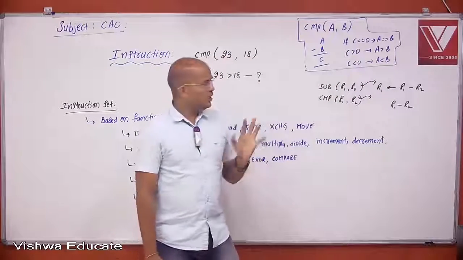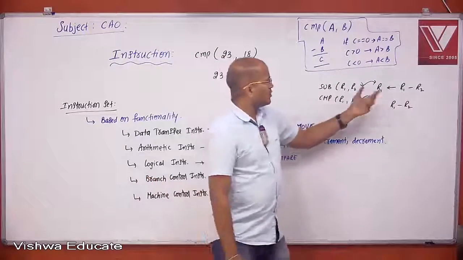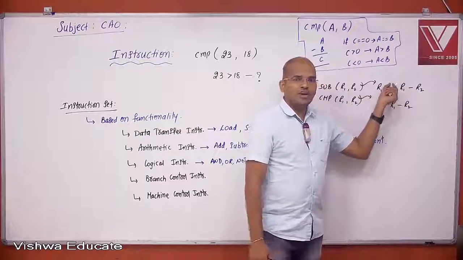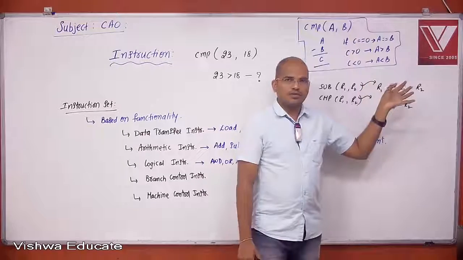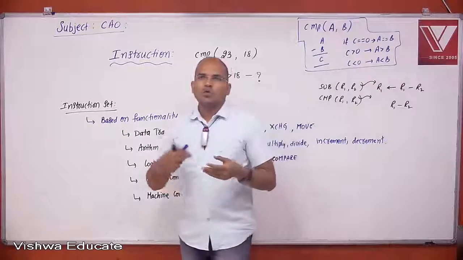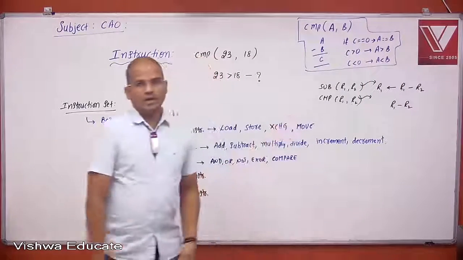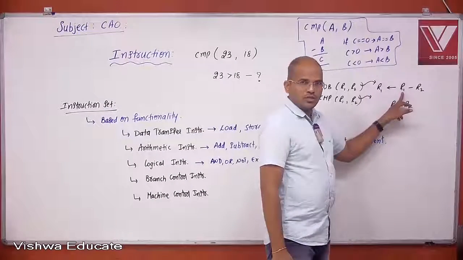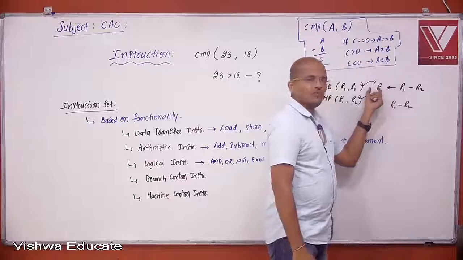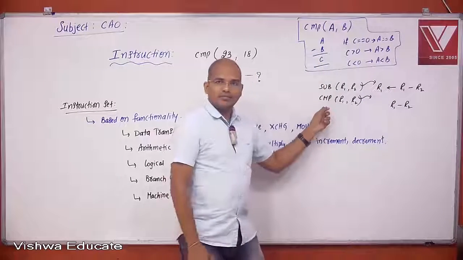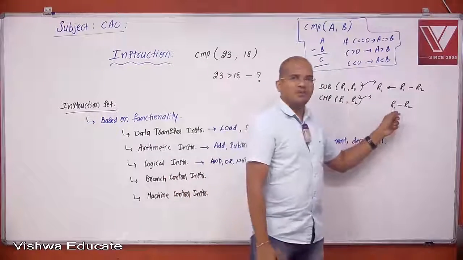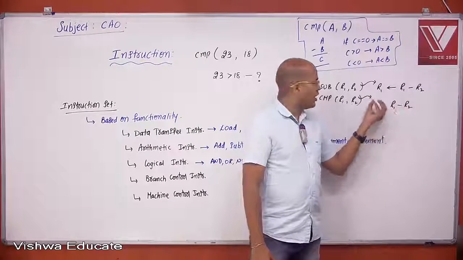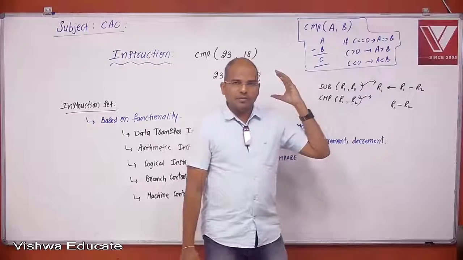Is that fine? So the difference is, when you perform a subtraction operation, the initial value of R1 is overwritten by the result, so the R1 value is lost and the result is found in R1. Whereas in compare, the initial value of R1 remains the same and the results are not copied into R1 or R2 but into some other place.